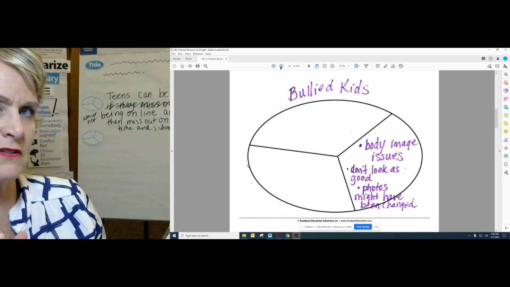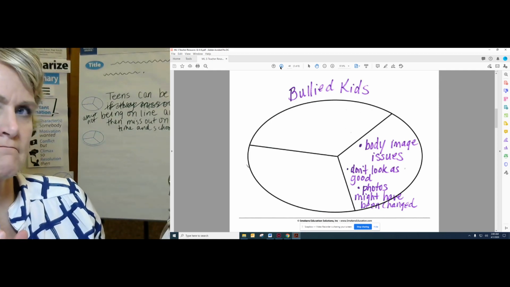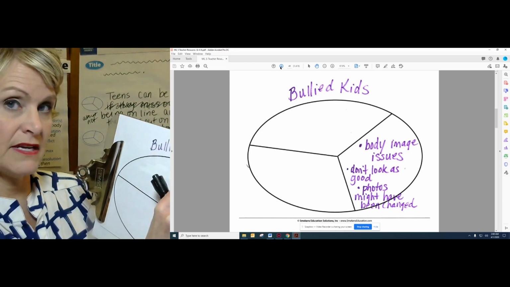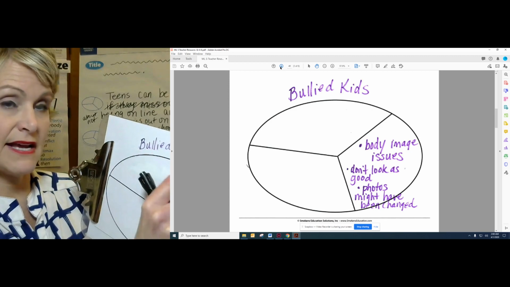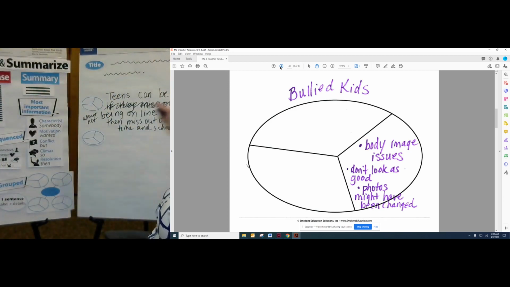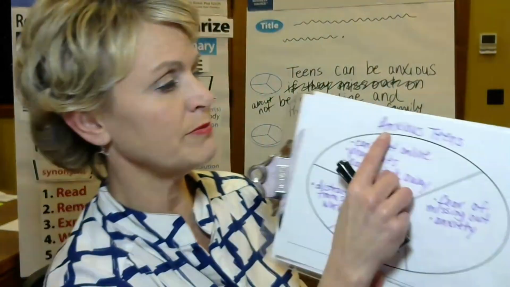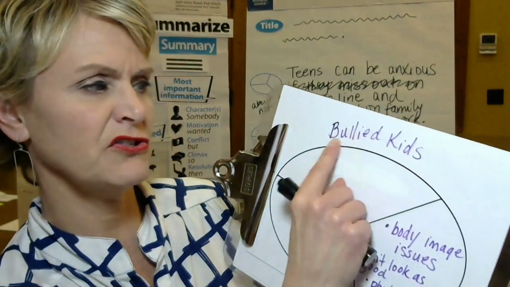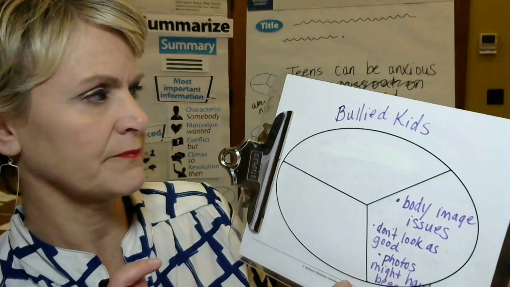What might be your sentence? You probably want to start the sentence with these words because that's the subhead. Teens can be anxious. Remember, that was the last one, anxious teens. You probably want to start the sentence with that label. So how could you start the sentence using a combination of those two words?